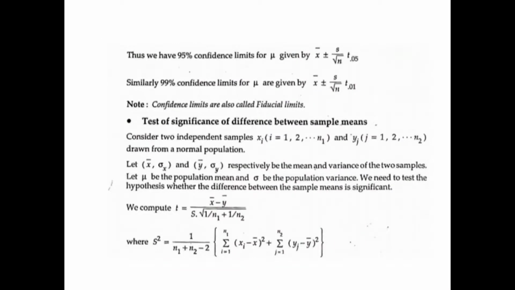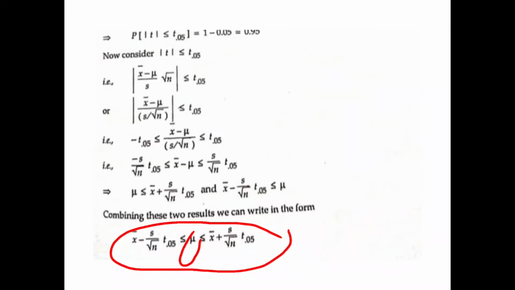So combining all the results, finally you can say the confidence limits will be x bar minus s by root n into t at 0.05 should be less than the population mean, which is again less than the upper value. That will be the plus minus values.